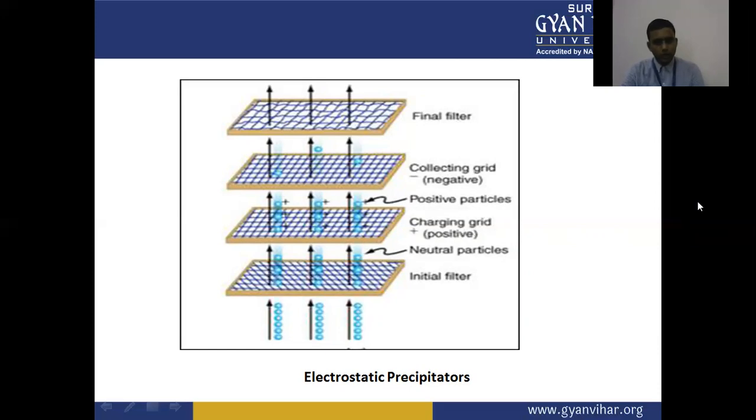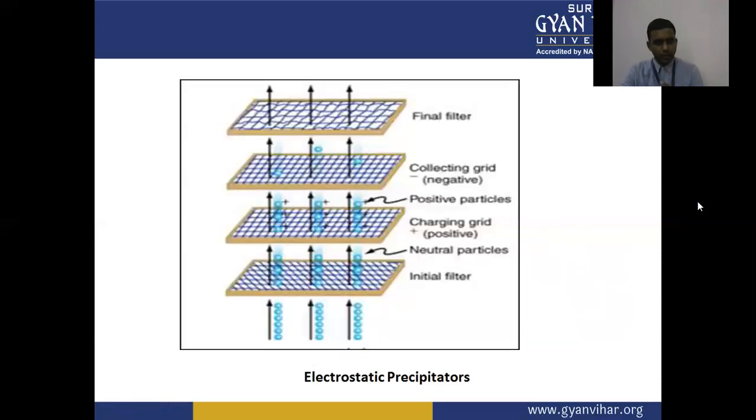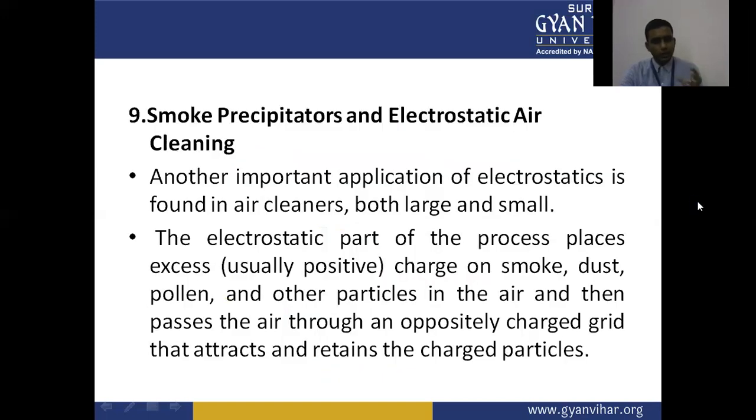So the polluted air, dust and smoke particles having a positive charge are attracted by the negative charge grid, and finally they will filter the air and produce clean, particle free air.